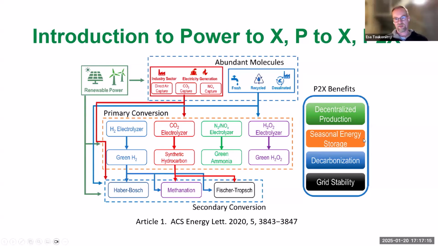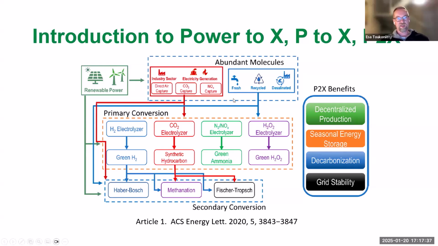Also, one very important factor is that renewable energy, like if we talk about solar or wind energy, tends to fluctuate. No sun in the nighttime, no electricity. When it's a sunny day, no wind, so there is no electricity and so on.